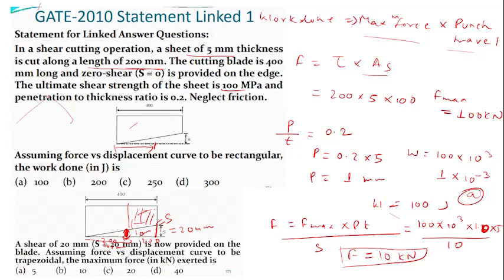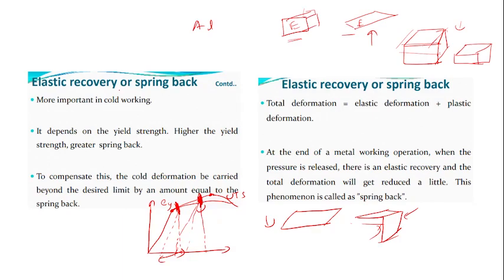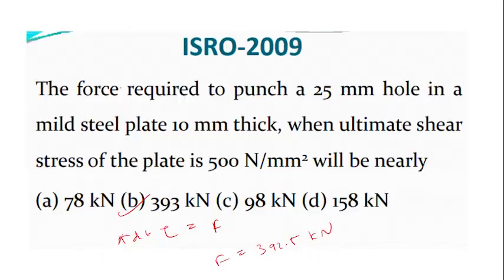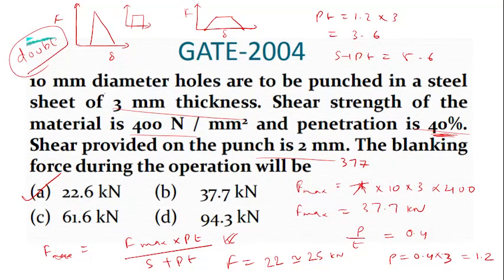So there is just a sheet. With the help of a punch, we are cutting that sheet. That is why we used this formula. Here we are making a circular hole. You understood? Yes. So in this question we use this formula. In the later question that we have doubt on, we have to use this formula. Okay, I'll get back to you on this question, because when I solved, I got the answer.